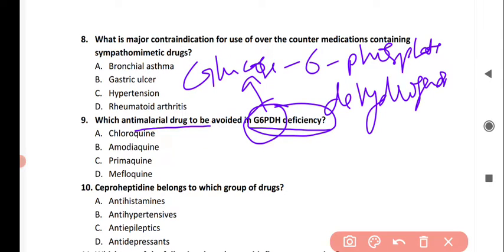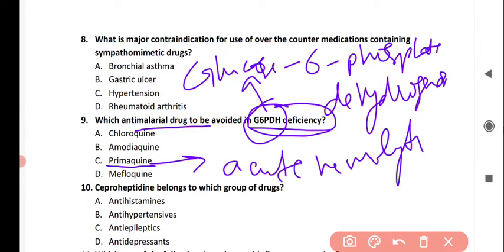Mainly it supplies the oxygen to different tissues in the body, and also it helps to defend the red blood cells against stress. So by the use of primaquine, what primaquine will do? Primaquine damages these cells, leading to acute hemolytic anemia.